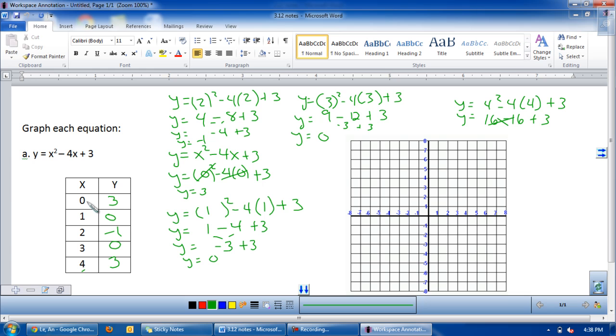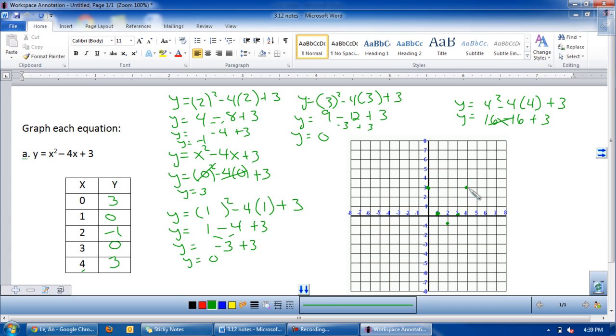First point is 0, 3, then 1, 0, then 2, negative 1, then 3, 0, and 4, 3.